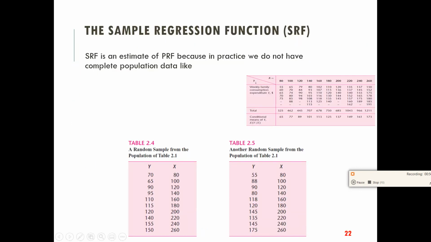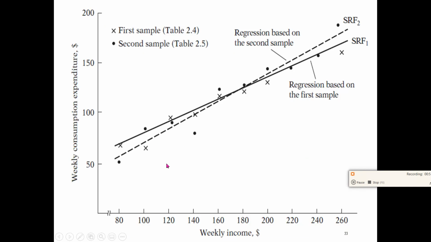However, remember that in practice we don't have data on 2 random samples. That is, generally we may be having data on only this particular form, so we will be having only SRF1. But this discussion is to let you understand that the sample regression function is a random variable.